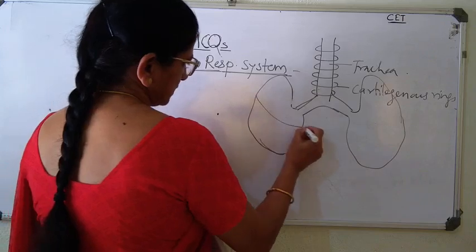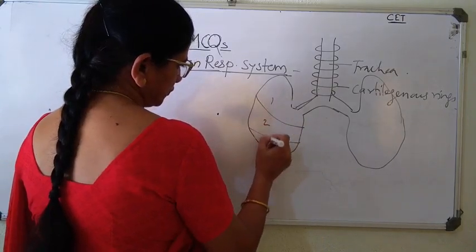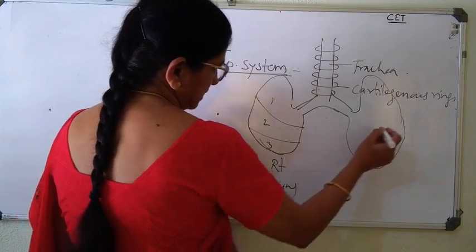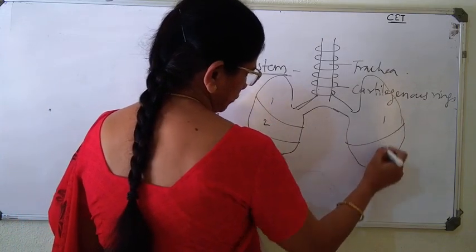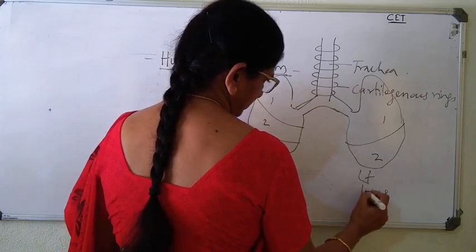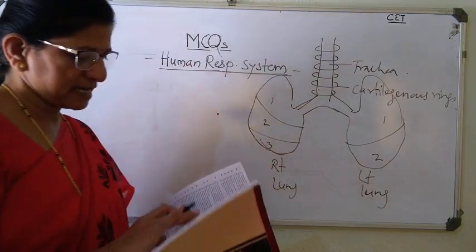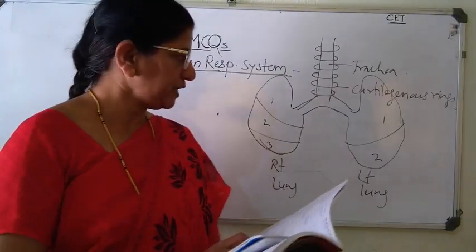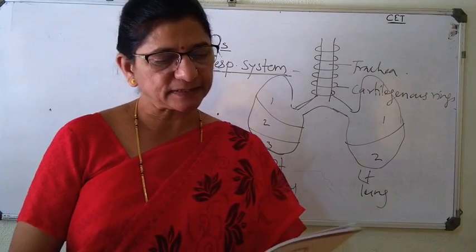It has 3 lobes, 1, 2, 3. And the left lung has only 2 lobes. Clear? So 3 and 2 is the correct answer.